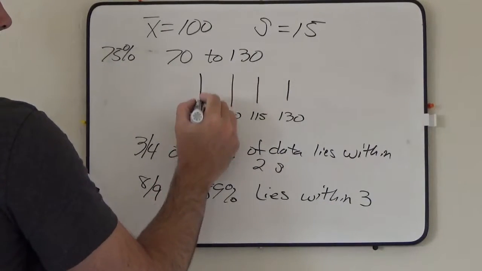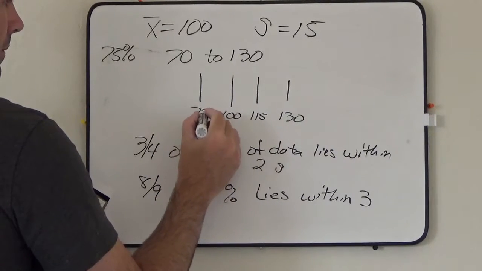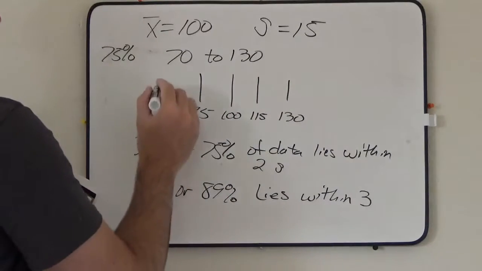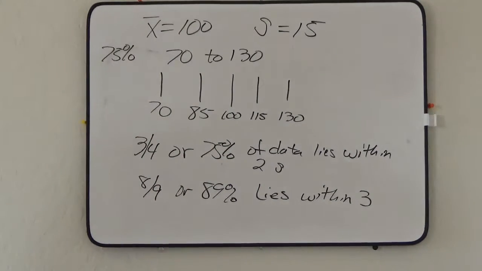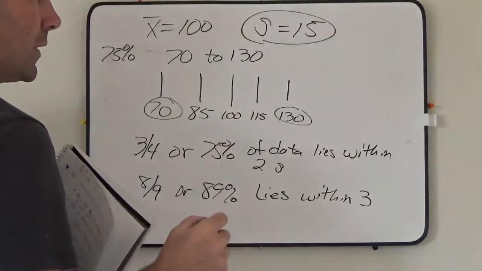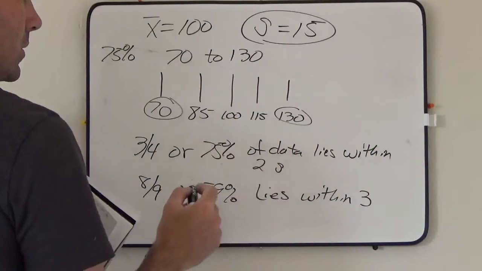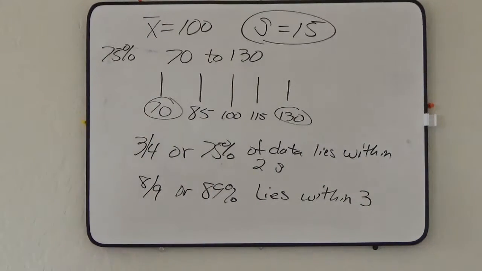Going down, subtract 15, you get 85, and then subtract another 15 and you get 70. That's where 70 and 130 came from: I used the standard deviation of 15 and my mean of 100. I added 15 twice to get 2 standard deviations, because according to that rule, 75% lies within 2 standard deviations.